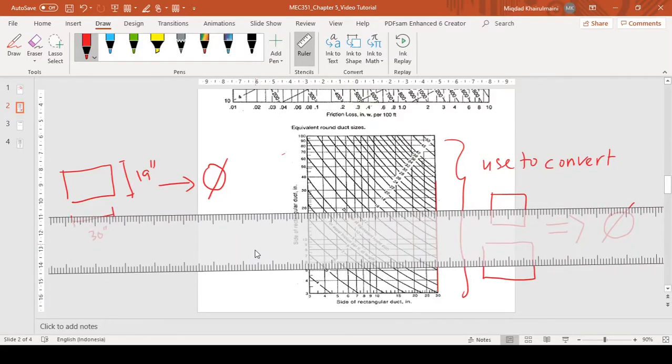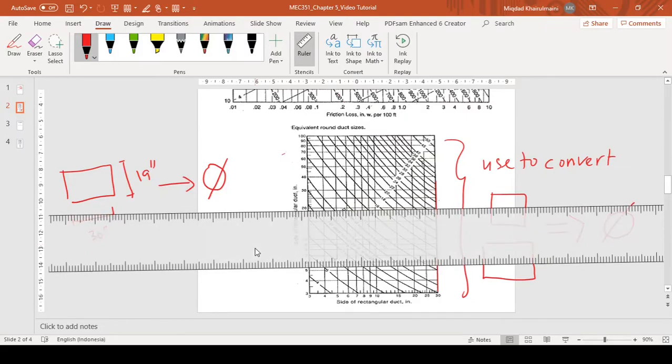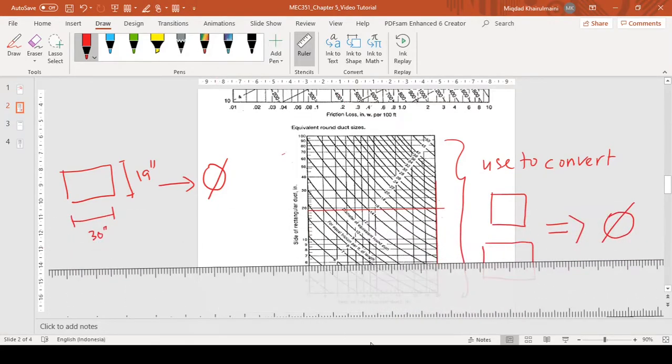Drawing the line here at 19, it intersects with the 30 inches. The line is not straight here, so we have to draw it again. Let's start from here.